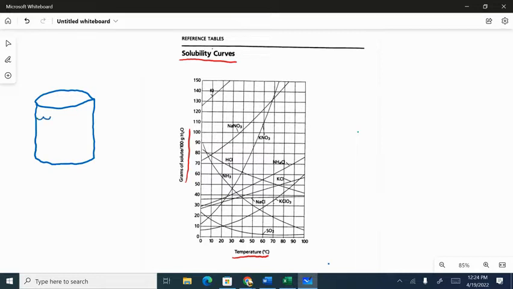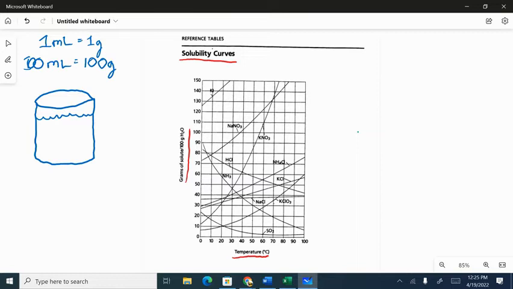We're going to fill it up with 100 grams of water. Let's remind ourselves that the density of water is 1 gram per milliliter. That means if you have 1 milliliter of water, its mass will be 1 gram. So if I have 100 milliliters of water, its mass would be 100 grams.